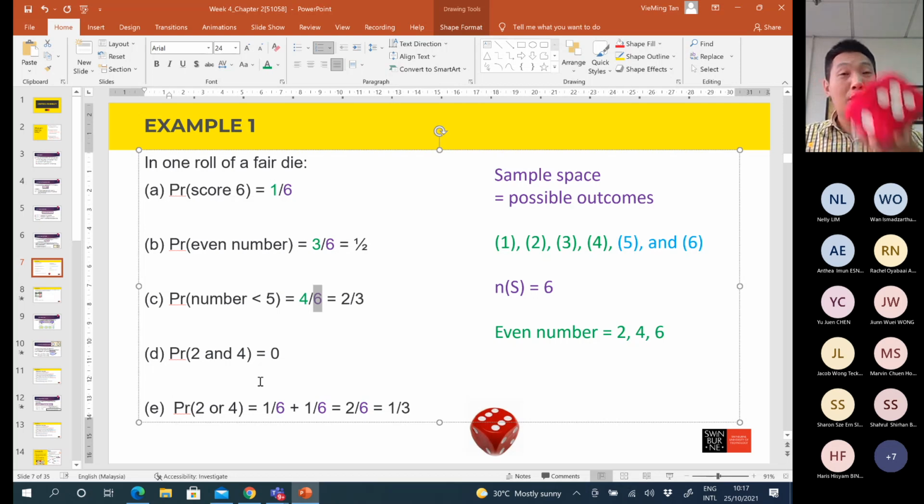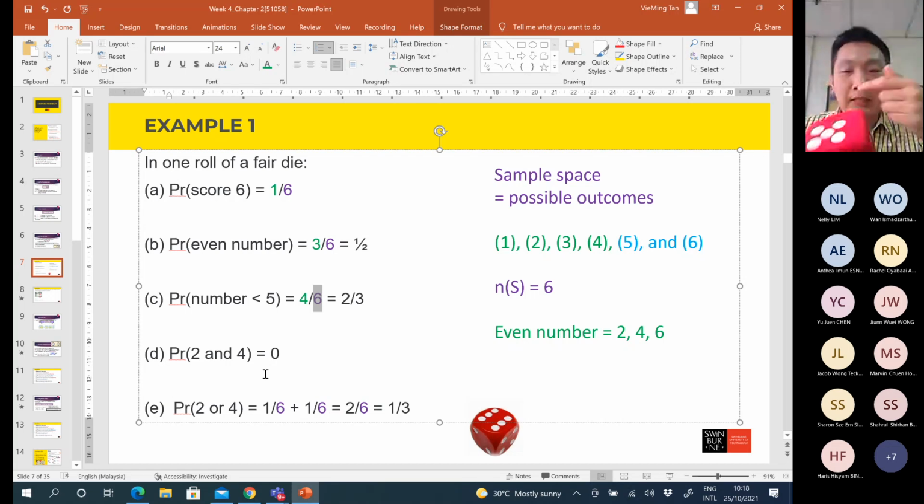When we throw a dice, it's not possible for us to get 2 different outcomes. We can only get 1 outcome. If the question asks to get 2 outcomes, 2 and 4, then not possible. Not possible to achieve. So the answer is 0.